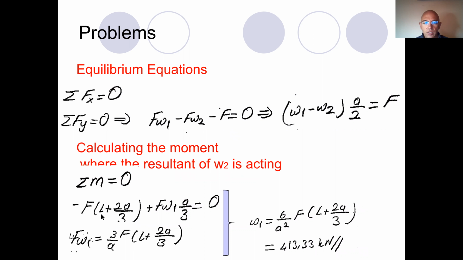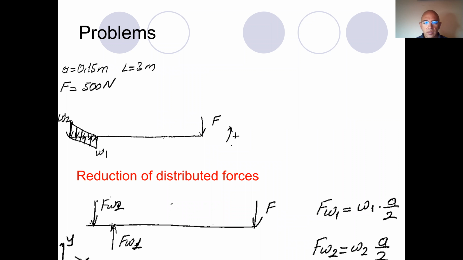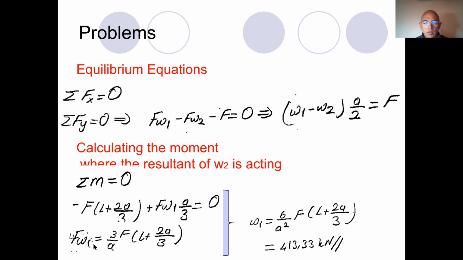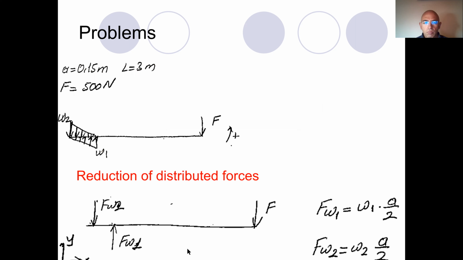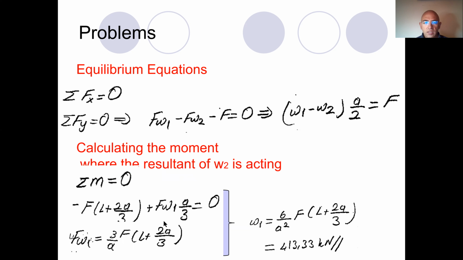The moment generated by F is F times (L plus 2A divided by 3). This length is 2A divided by 3, from here to the location of the resultant force. Its sign is minus because of the choice of the direction of the positive moment. And in fact, the distance between the two resultant forces is A divided by 3.